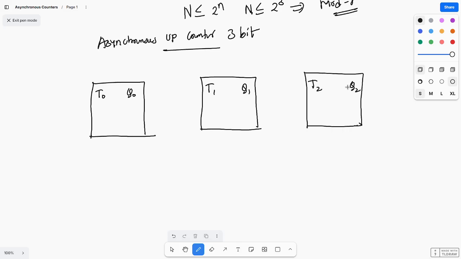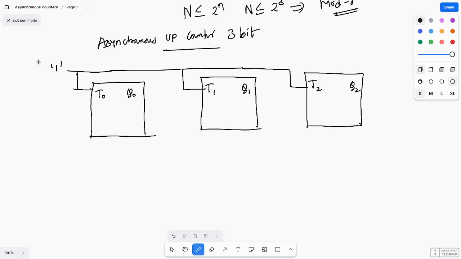So all these T inputs are operated in which mode? Toggle mode. We already saw the truth table for the T flip-flop. When T equal to 0, it will be in the memory state. When T equal to 1, it will be in the toggle state.